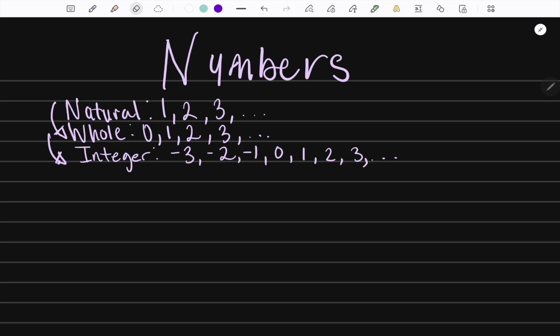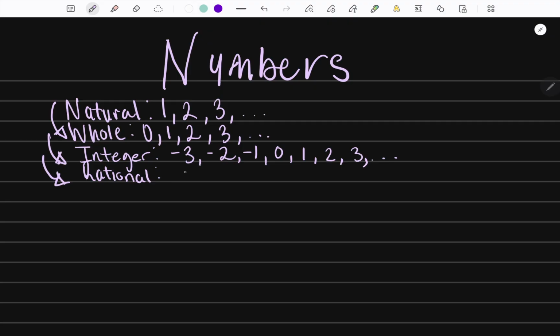And then the next category of numbers that we have is rational numbers. If you can imagine, rational numbers are made up of integers. So rational numbers are any numbers that can be a simple fraction or a ratio.